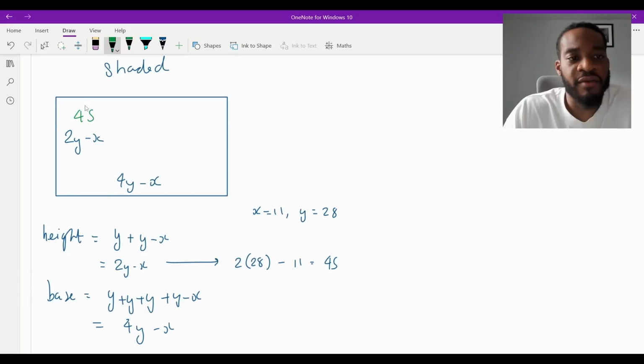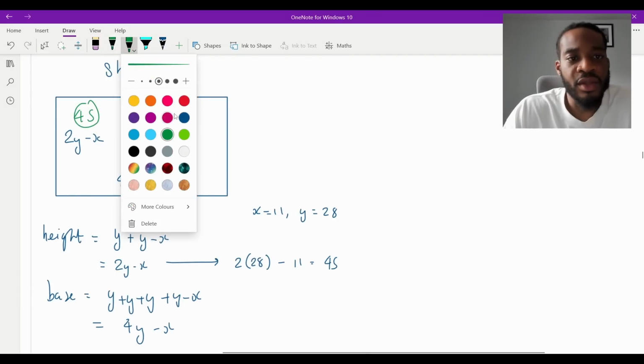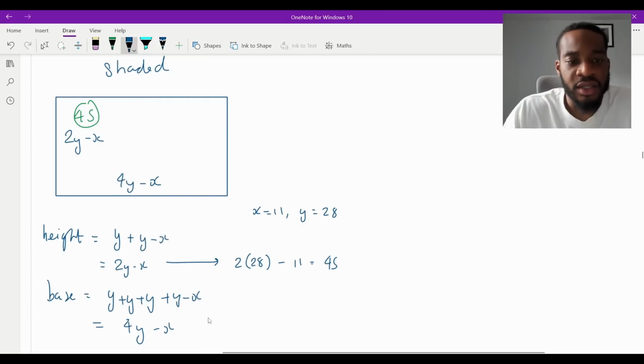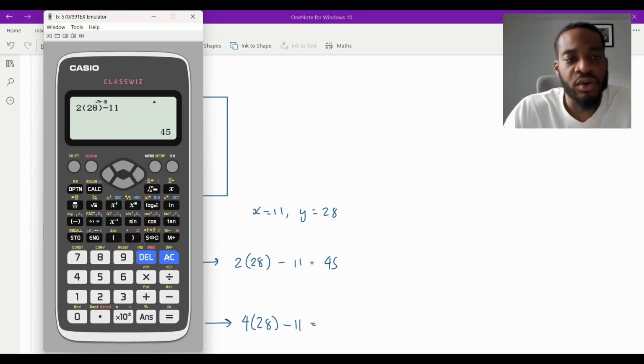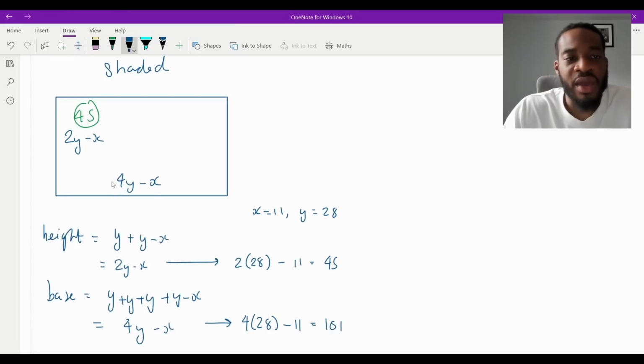So I'll say 45 like that. And then this one, put this in blue now, is going to be 4 lots of 28 minus 11. And I'll put this into the calculator as well. That is 101. So now we have the dimensions of our shaded rectangle.